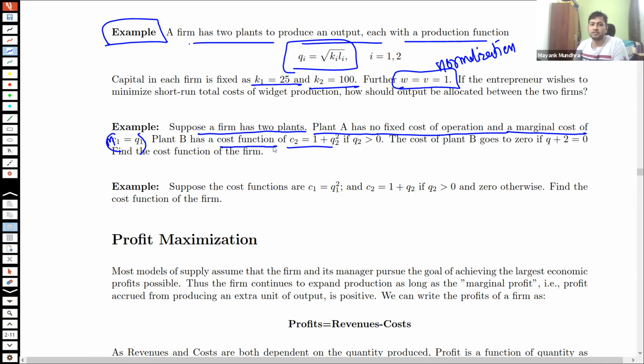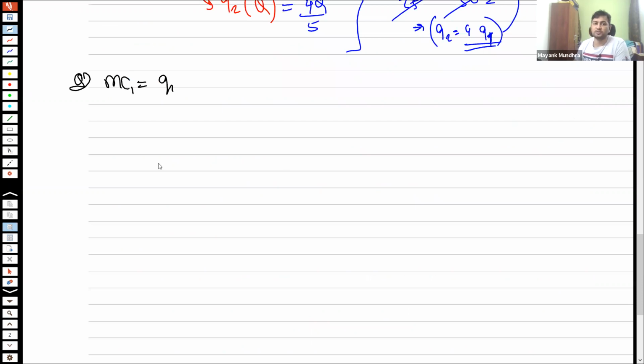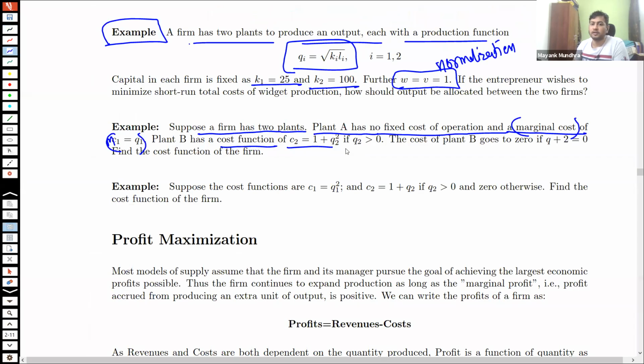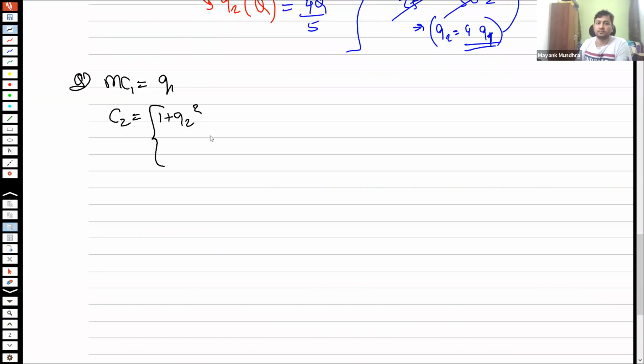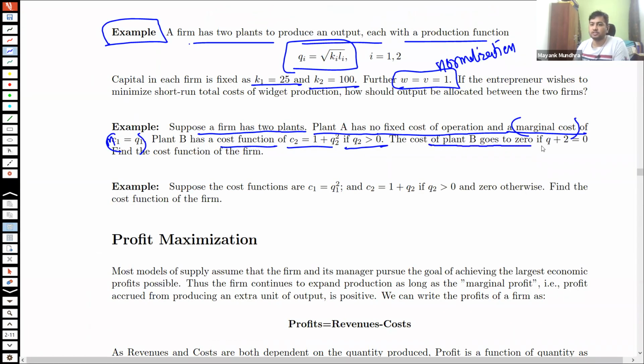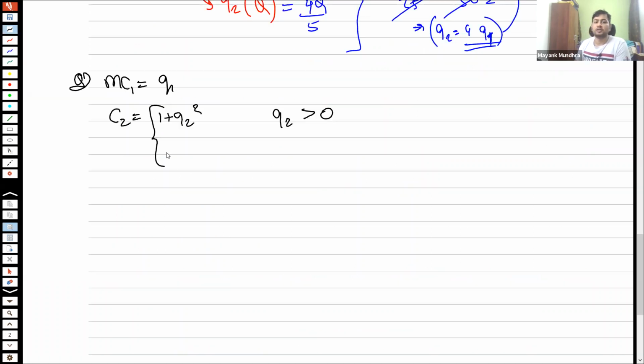Anyway, I have clarified that this is the cost function, whereas this is the marginal cost function for plant 1.